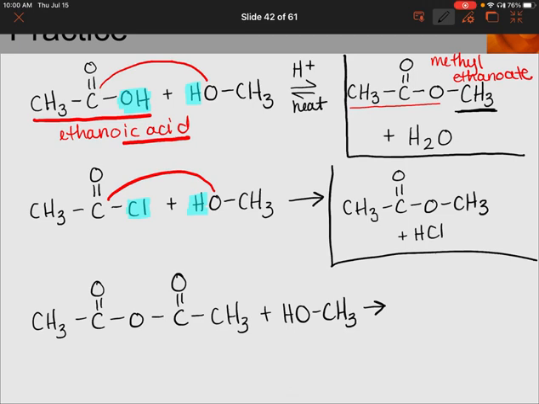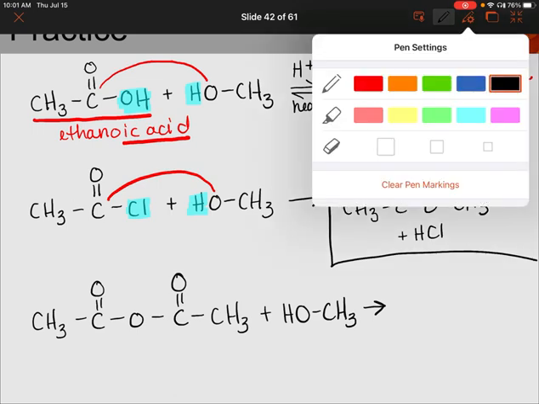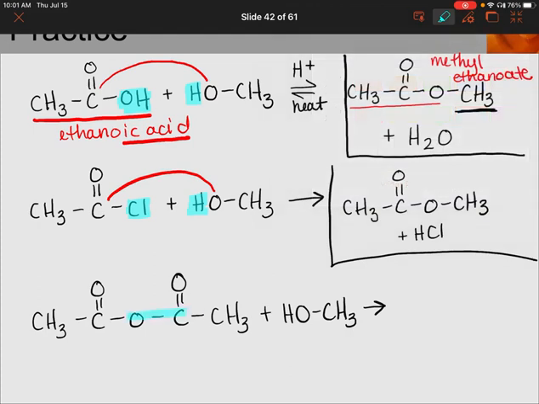Okay, and then what about our last reaction? This time we have an acid anhydride and an alcohol, the same alcohol that we've been using, methanol. So this entire second half of the acid anhydride molecule is going to team up with the hydrogen from the alcohol.